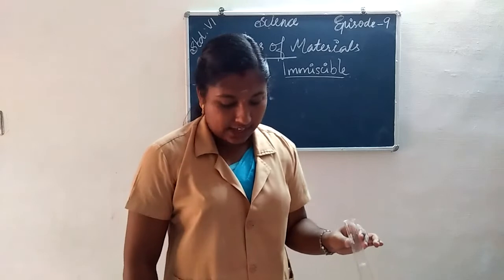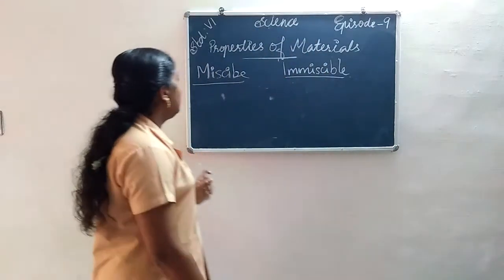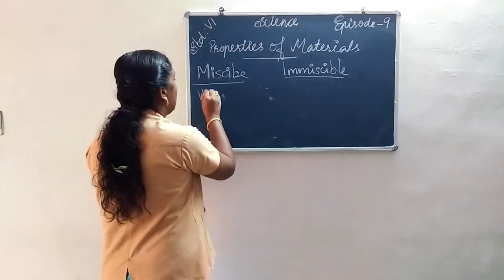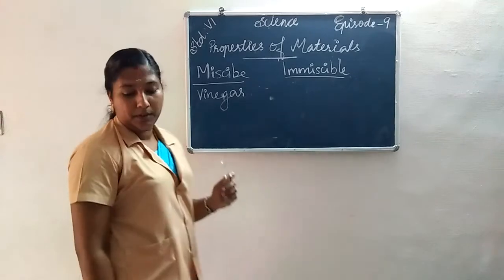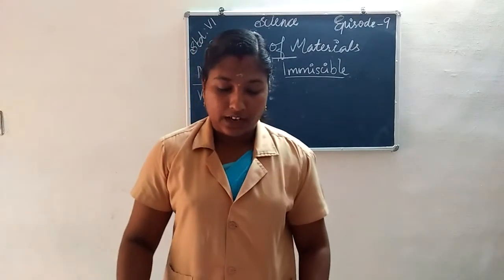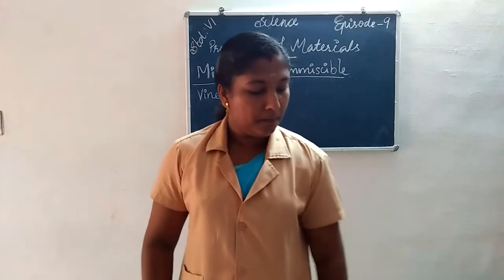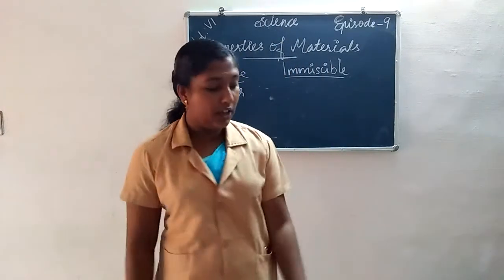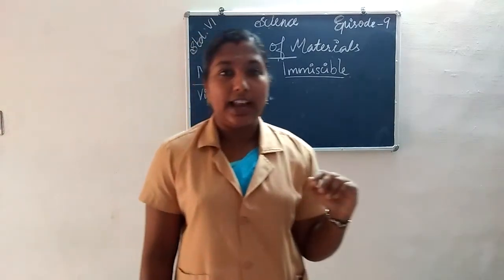So we can say that vinegar is an example of a miscible liquid. It mixes well with the water. Then another example, lemon juice.